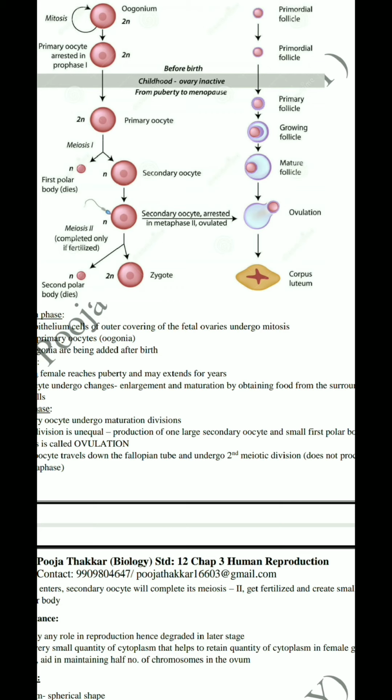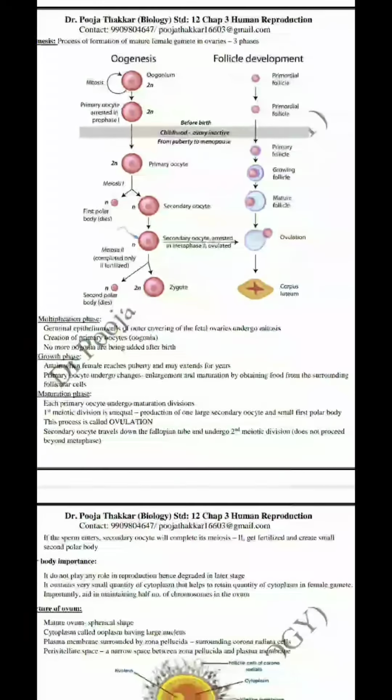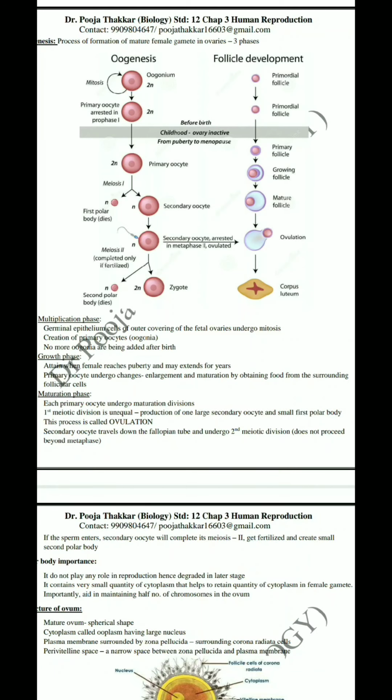And after that, the two conditions will be there, as we have already discussed: the progesterone secretion in the case of pregnancy, and progesterone inhibition by forming corpus albicans. So it is a complicated process, which occurs in a female till menopause is attained.